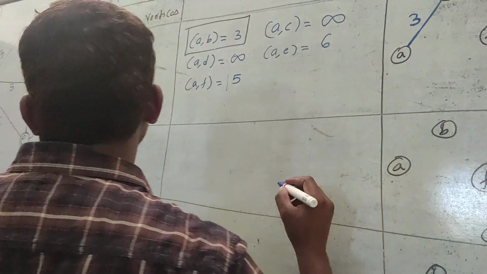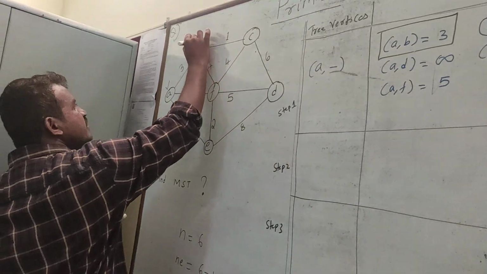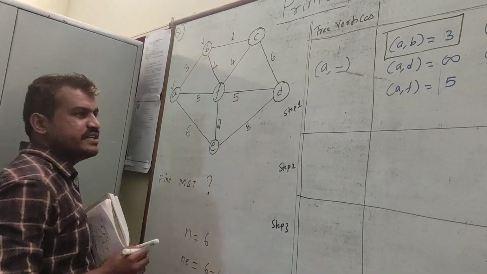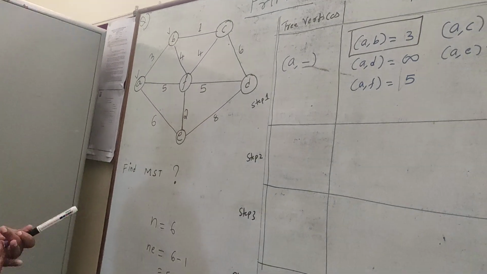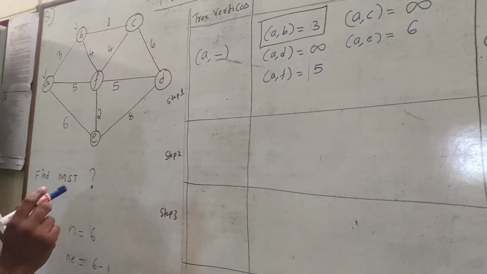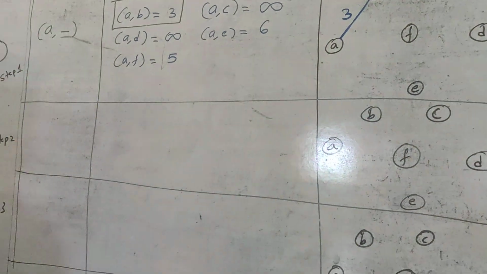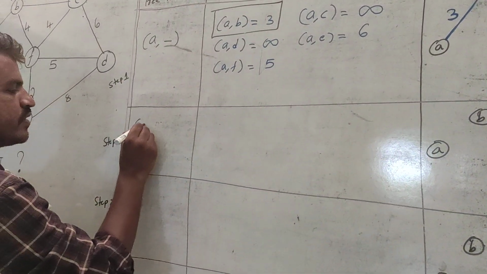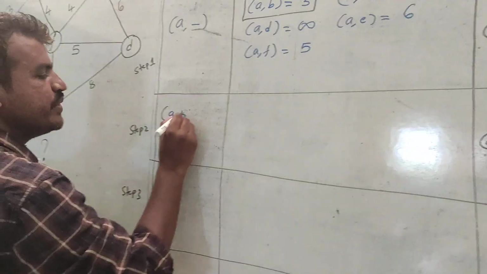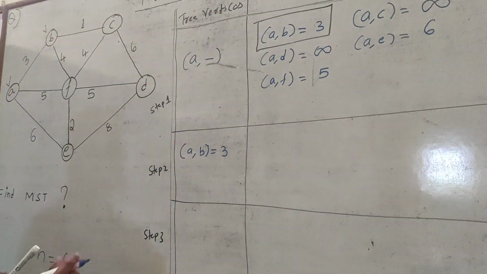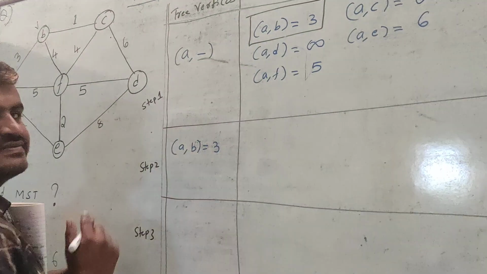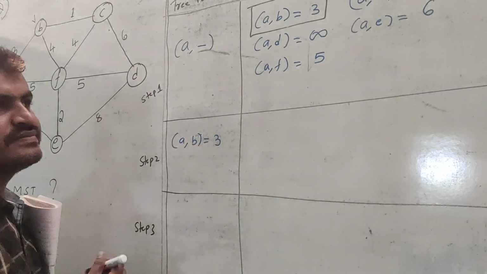Now it indicates that A is visited and B is also visited. Now we selected A to B, and you write it down here: A to B, 3. This is the edge we selected.